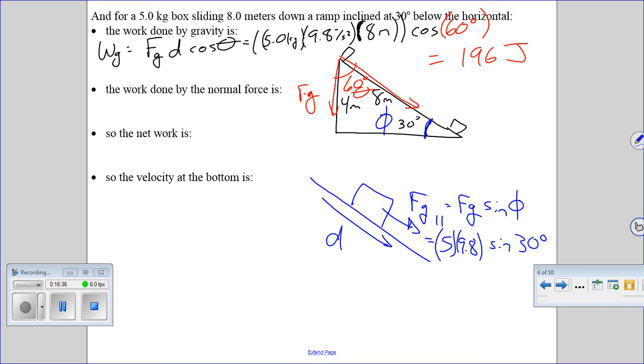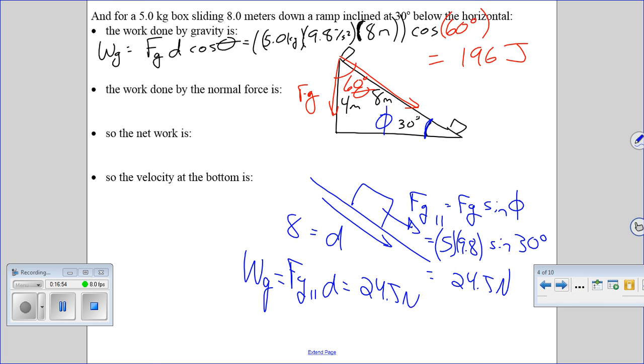So this ends up giving you 24.5 newtons. And then what's my displacement? 8 meters. So the work of gravity is Fg parallel times d. So it's 24.5 newtons pulling it in a direction parallel to d times 8 meters. And you still get 196.